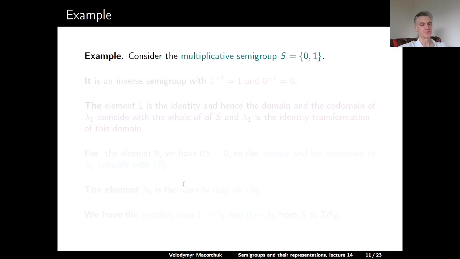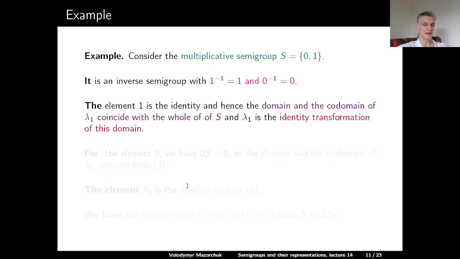Here is an example. Consider the multiplicative semigroup S with elements 0 and 1. This is of course an inverse semigroup where the inverse of 1 is 1 and the inverse of 0 is 0. The element 1 is the identity element of this semigroup, and hence the domain and the codomain of lambda 1 coincide with the whole of S, and lambda 1 is the identity transformation of this domain.